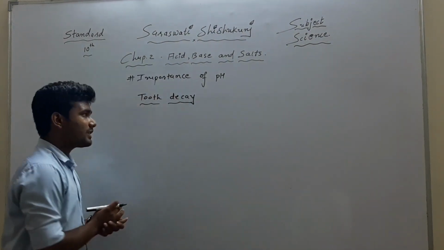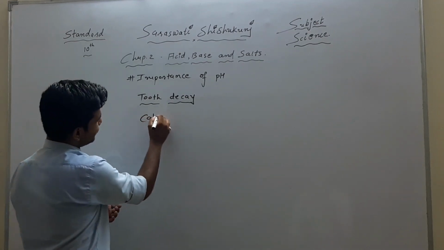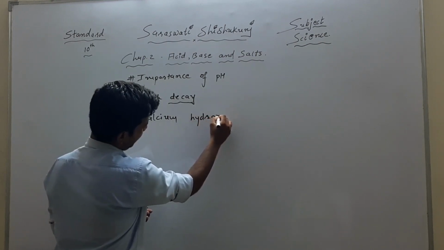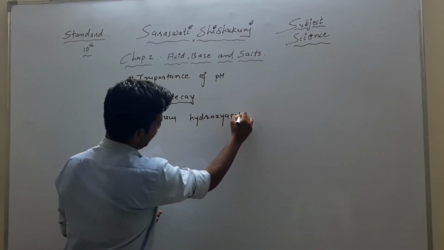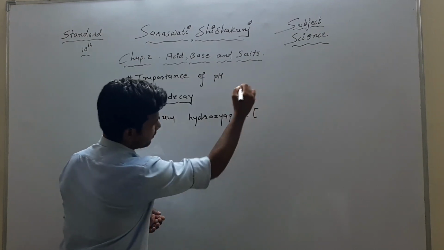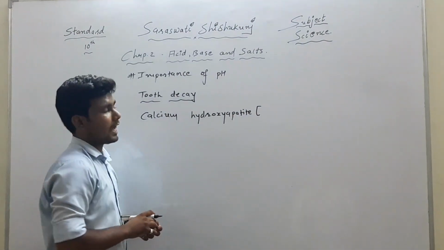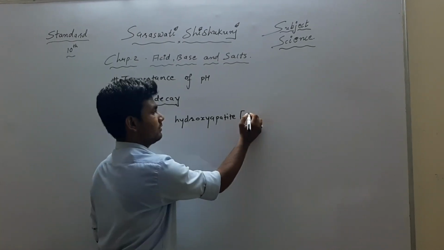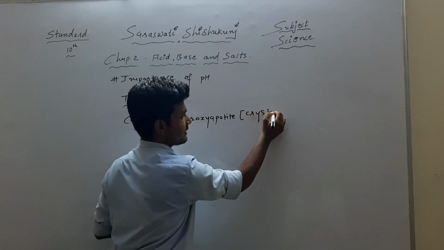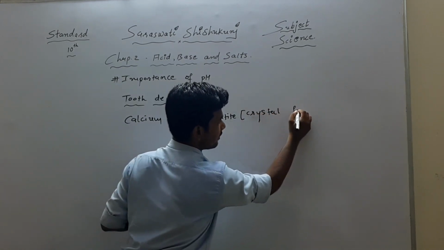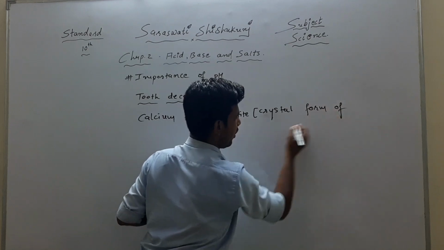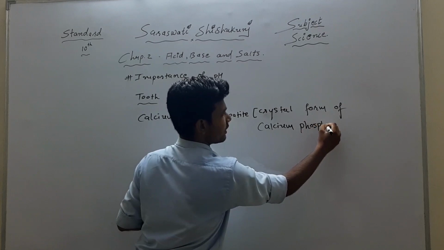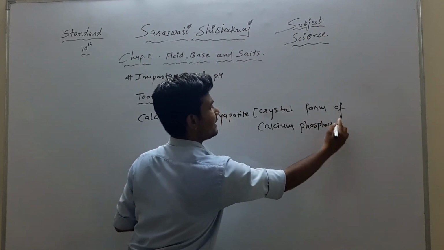If we talk about it in detail, we know that calcium hydroxyapatite, the crystal form of calcium phosphate, is the enamel on our teeth.